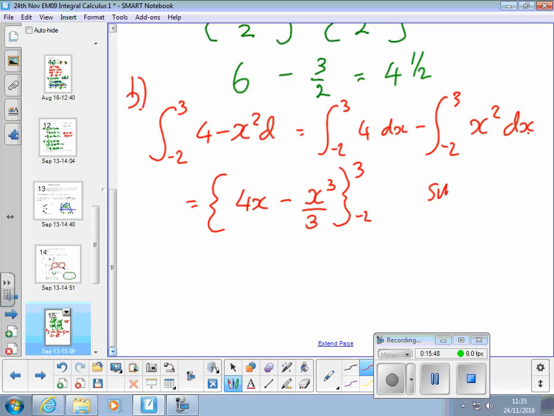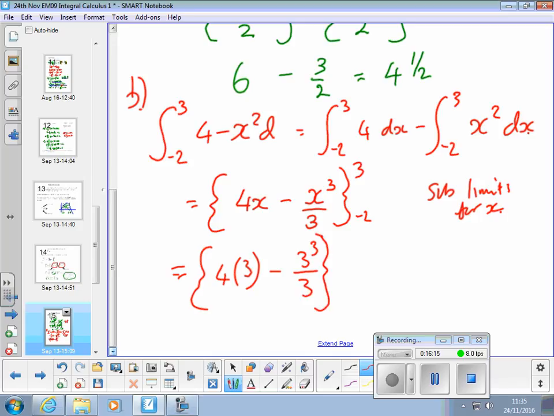So then we substitute in limits for x. So we got is equal to 4 times 3 minus 3 cubed over 3, close the brackets, minus 4 times minus 2 minus 2 cubed, be careful with that in your calculator, over 3.